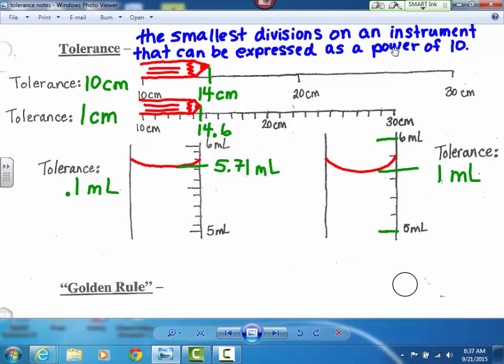And I'm going to erase this little example down here. Now let's leave that for just a second. We're going to come down and fill in our golden rule, and then we'll go back up and do our measurement for that last one.